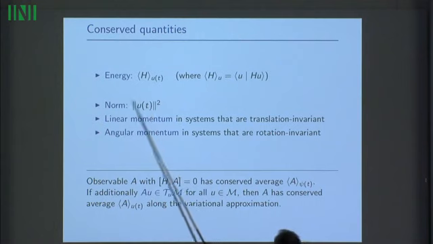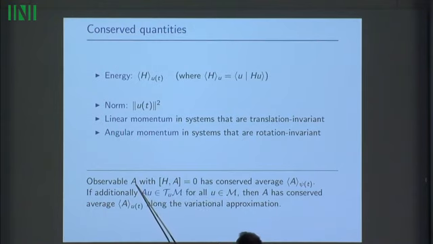And these three, so the energy comes from the Hamiltonian structure, and this one has a simple proof. There's a general result. If I have an observable A, then its average for the Schrödinger equation is conserved if it commutes with the Hamiltonian. That's how conserved quantities in quantum mechanics arise.